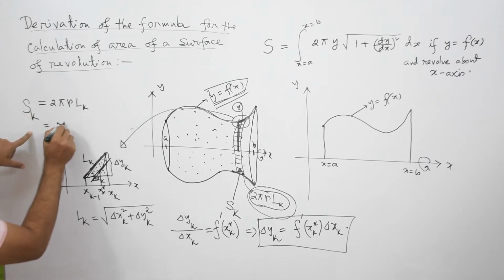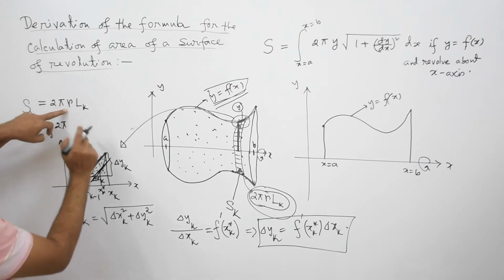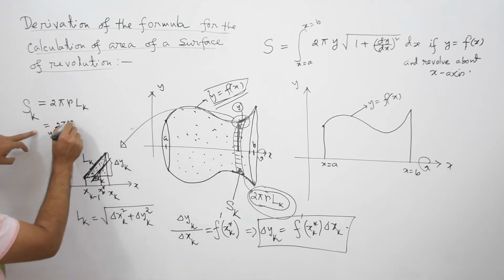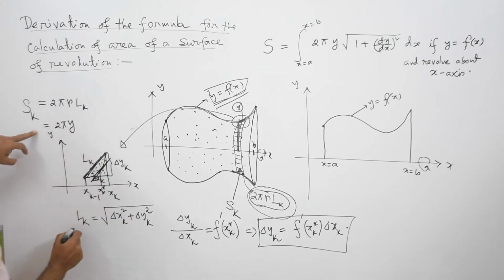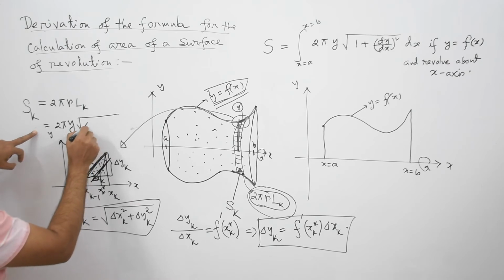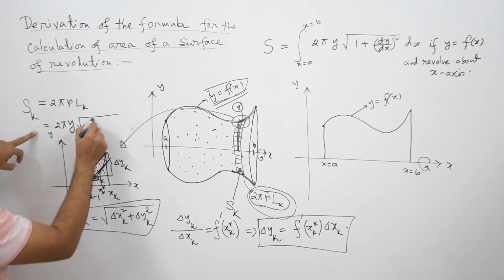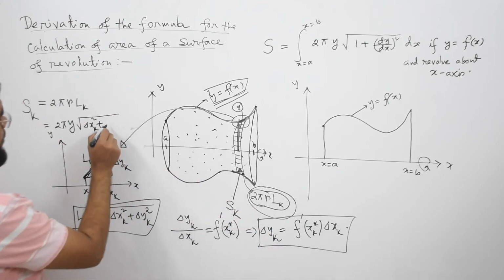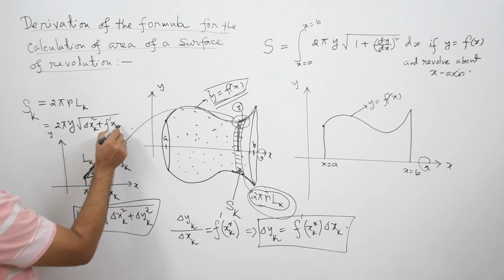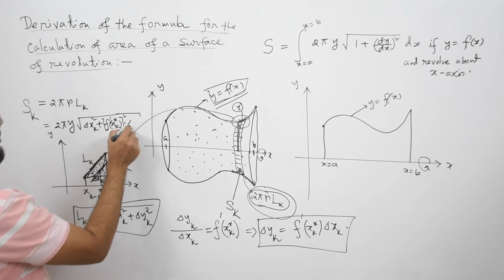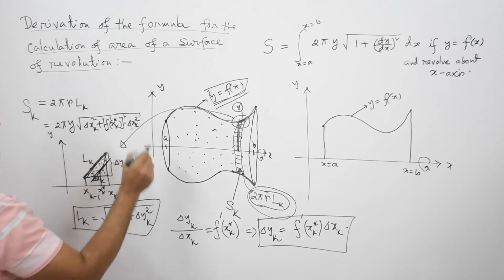So let me put this result here, which is equal to 2 pi r, and this r is nothing but y, and Lk is equal to this square root of delta xk square plus delta y. Instead of delta y, let me write f prime xk star whole square times delta xk whole square.